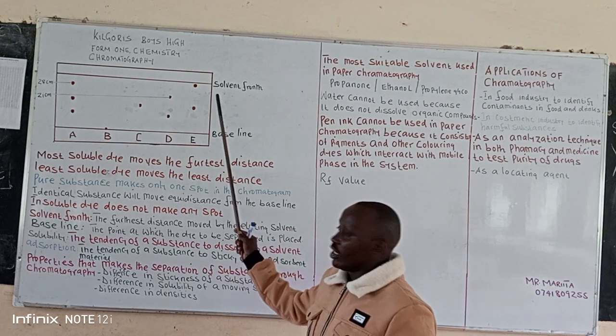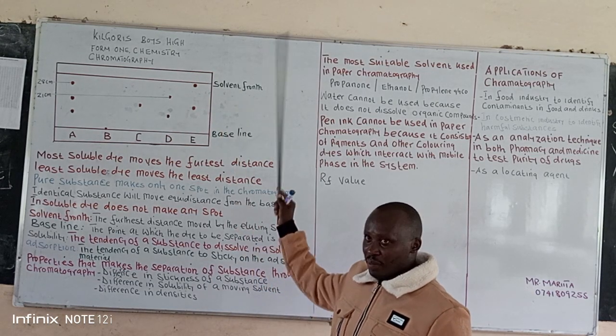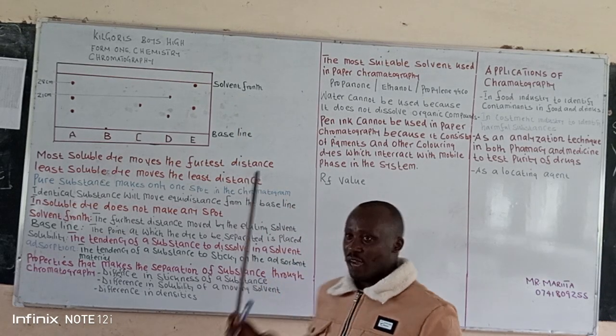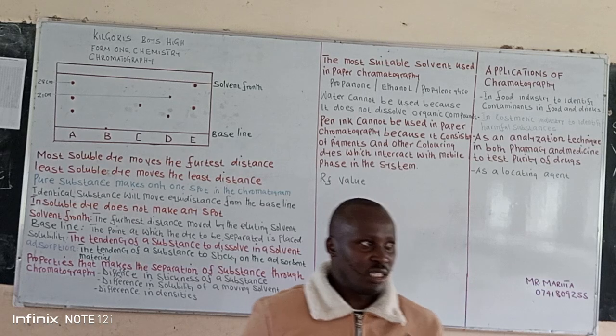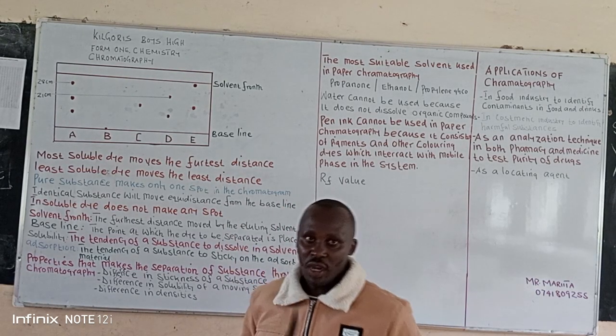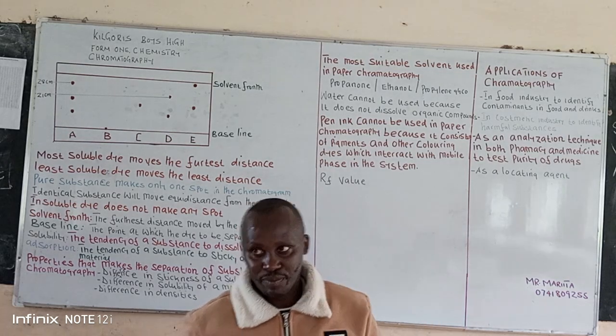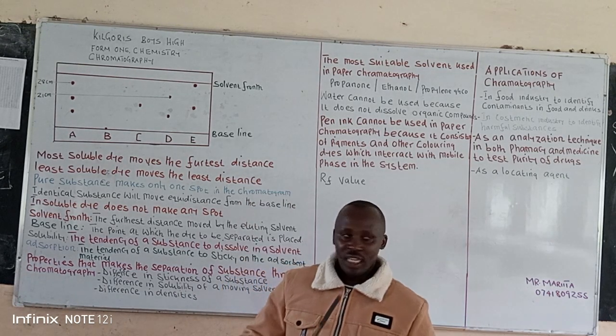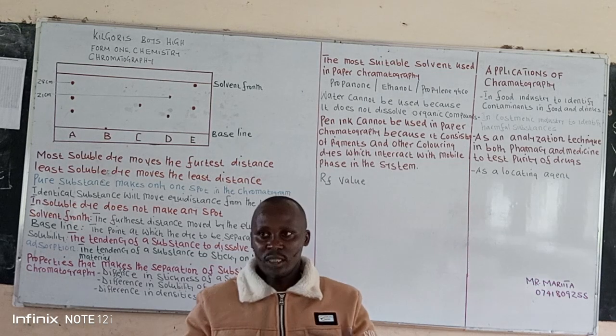The solvent front is normally at the upper part. Then we have the origin, the starting point, at the lower part, which is where we have the baseline.